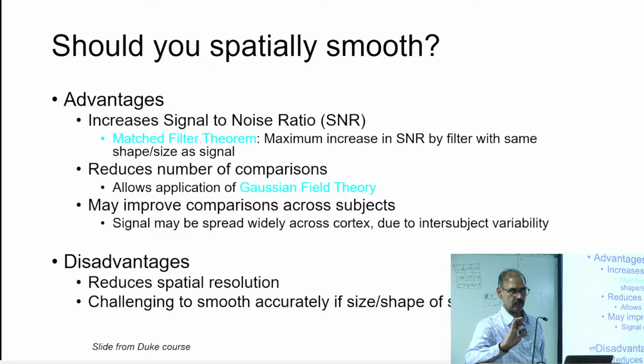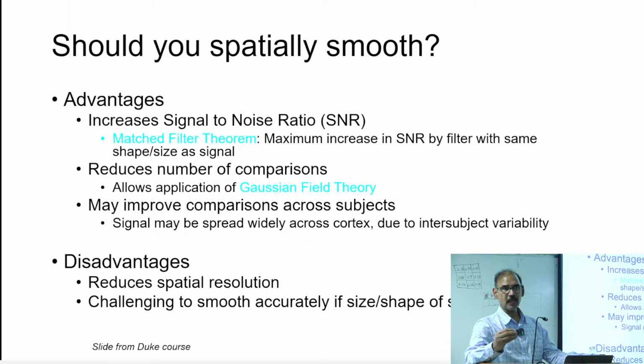If we don't do any kind of spatial smoothing, whatever individual variability there is across subjects, you may not see those, right? Because different persons' sulcal and gyral patterns would be different.